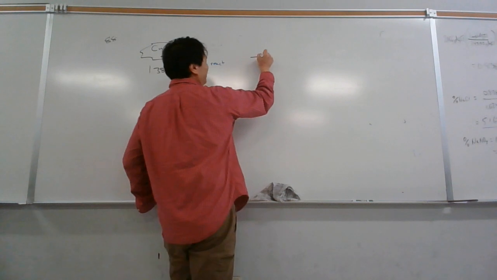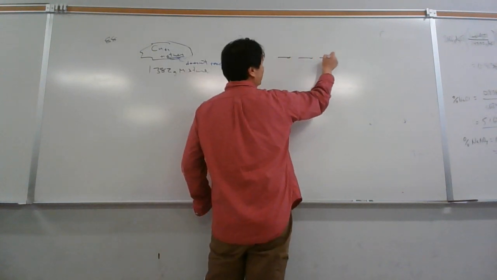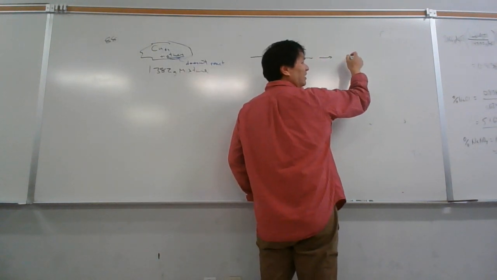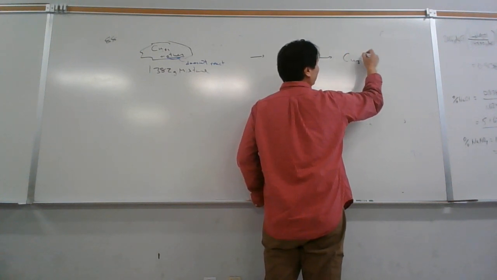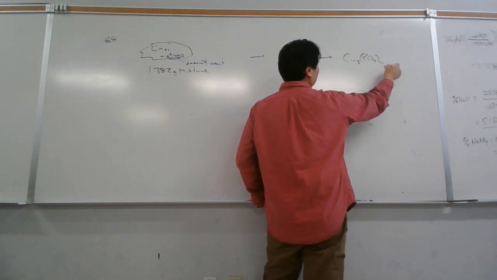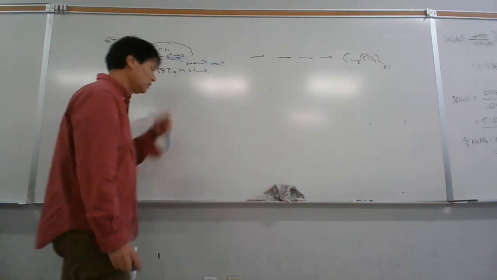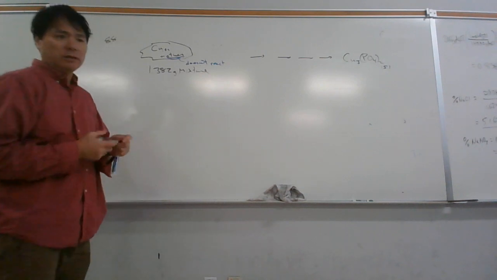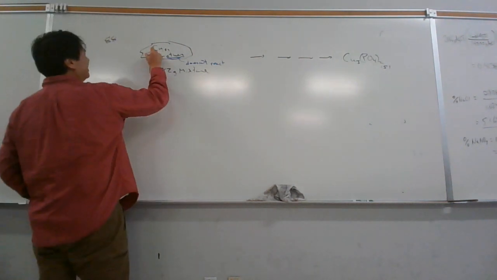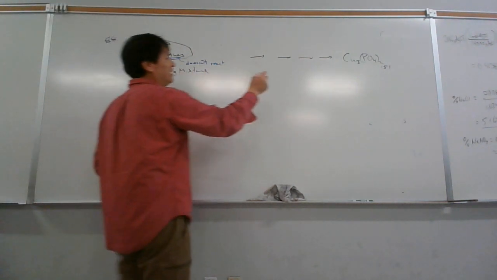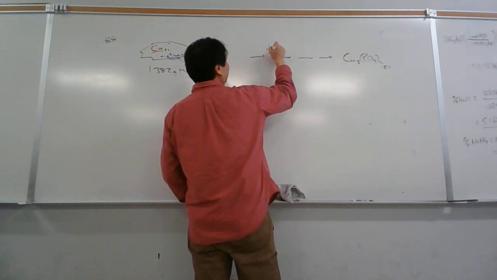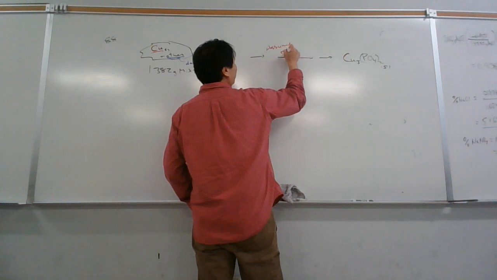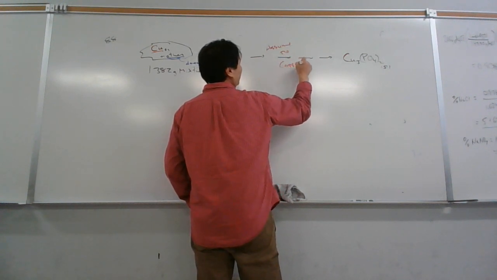So all this went through a whole bunch of steps and then ends up at copper 2 phosphate, solid. So all the copper in the original sample here ends up here. No copper was lost. So assume no copper was lost.